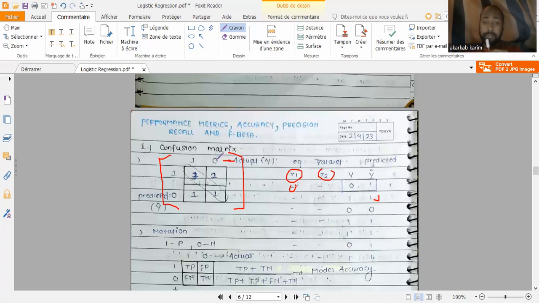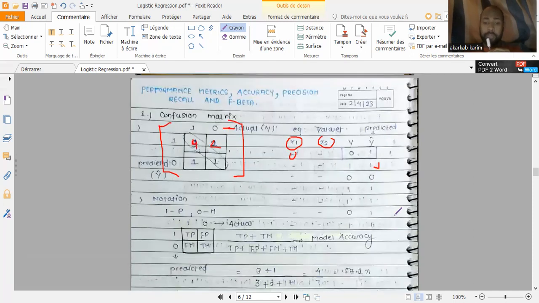The actual 0 is predicted as 1 also here. That means we have 2 here. And also we have 1 1. That means it's a correct prediction. It's 4.